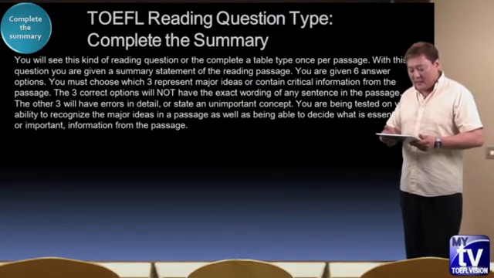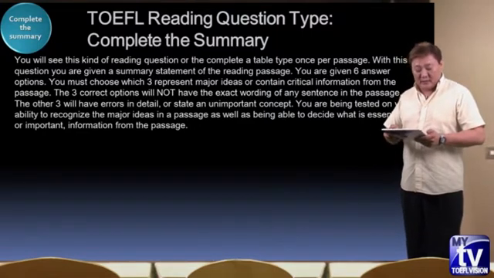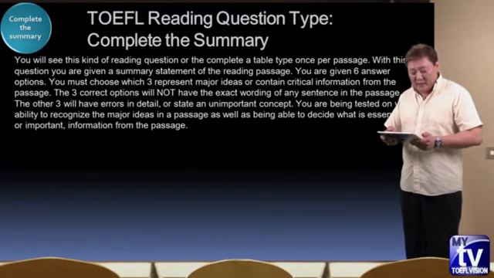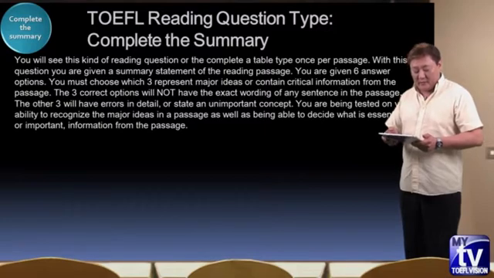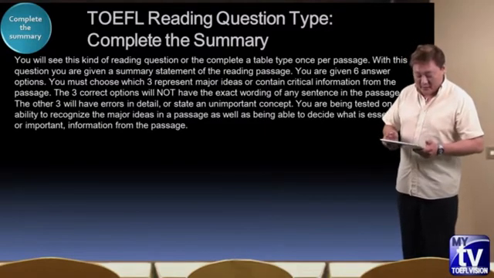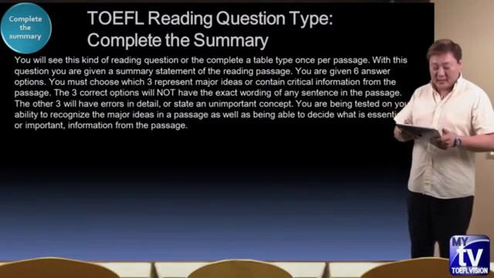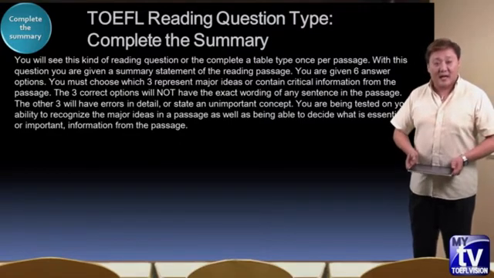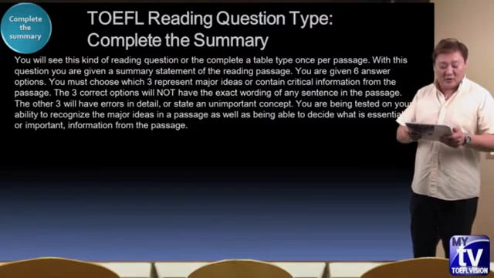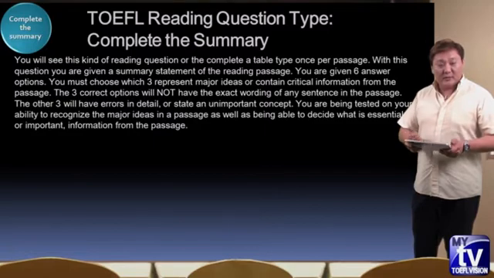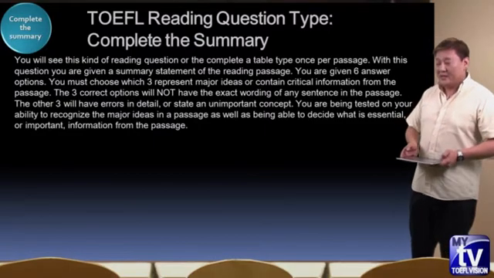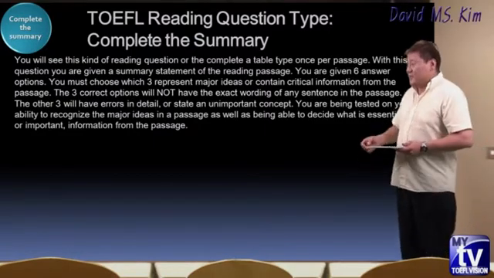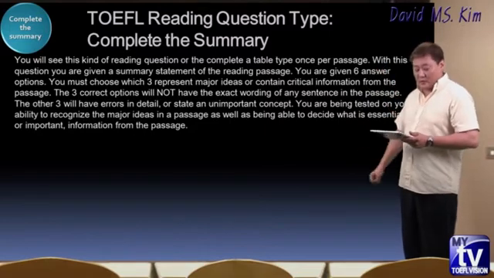You are being tested on your ability to recognize the main ideas, or major details, in a passage, as well as being able to decide what is essential information from the passage. What that means is they're going to give you different options.